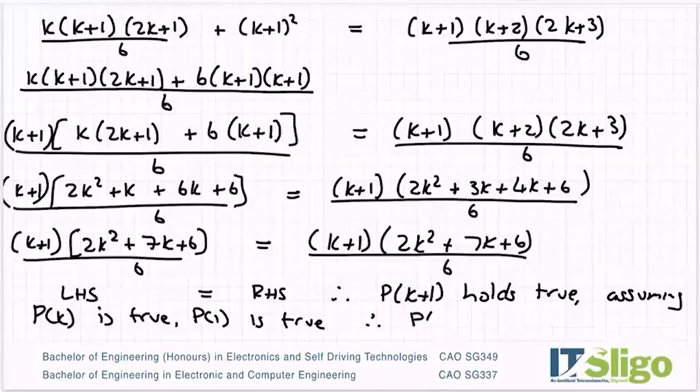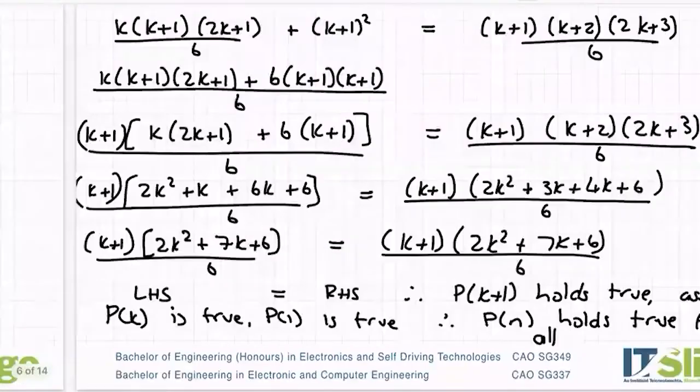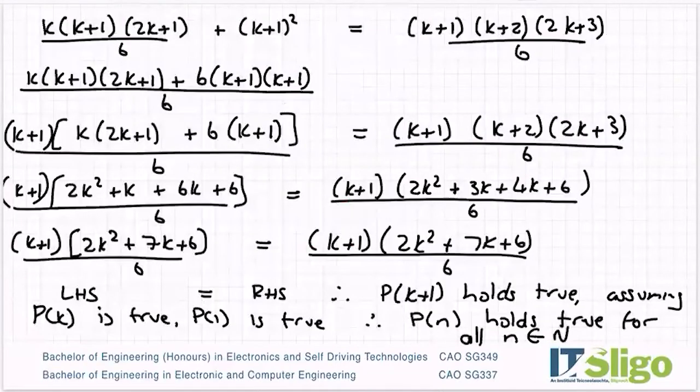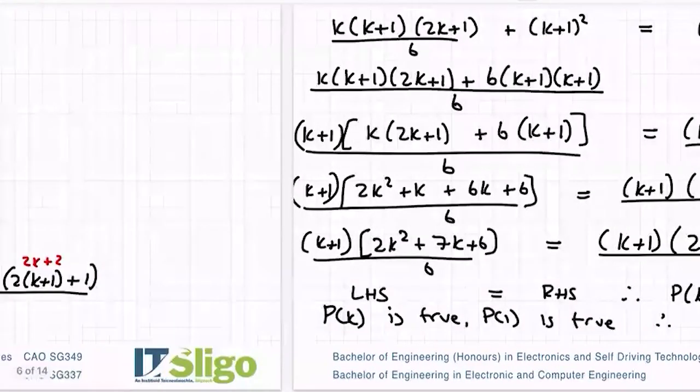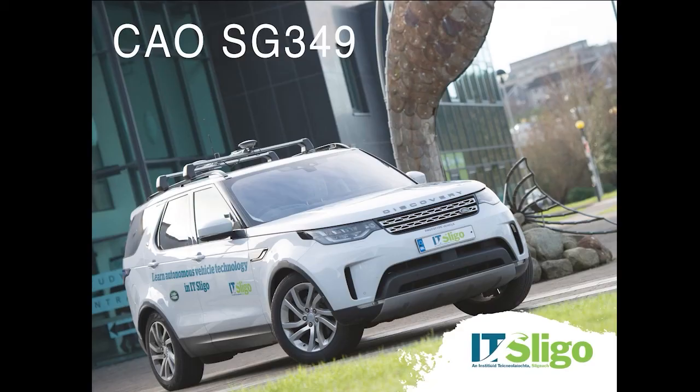Therefore, we can say P of n holds true for all n an element of N. Okay, so that was one of the harder ones I could find on the sum of a series. I hope that was okay.